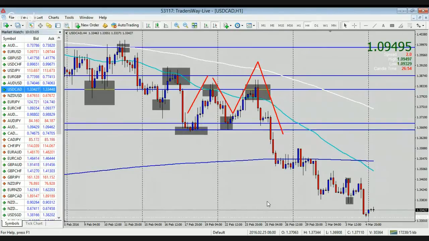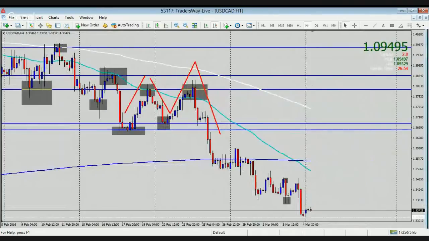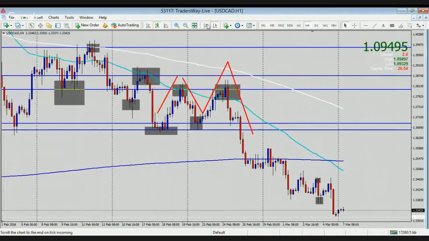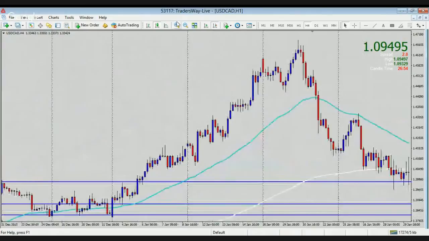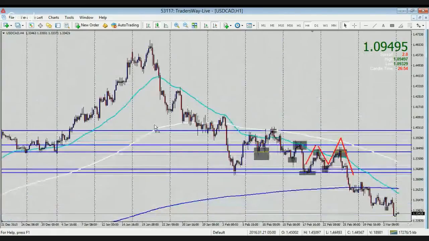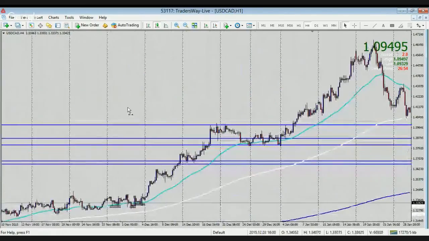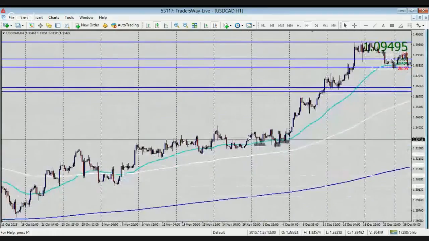The higher the time frame, the longer the trade is going to be. Okay, so look at this for example. Actually, no, that's not a valid formation. Let me show you guys a valid formation. That's too small.